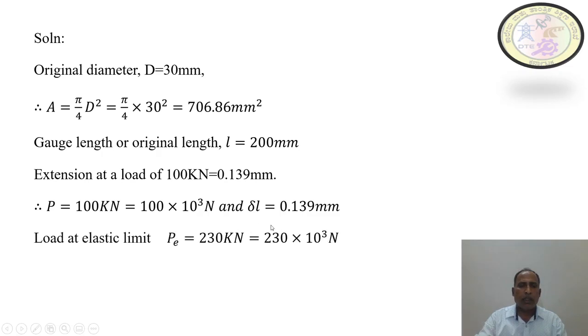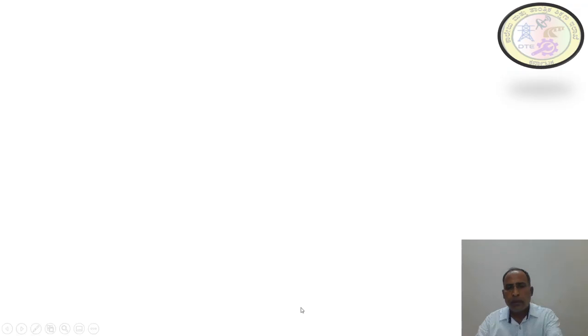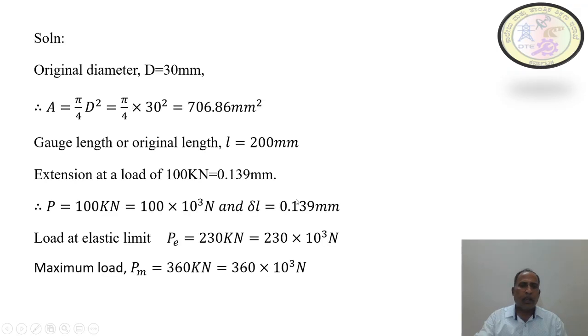So the load at elastic limit P is 230 kilonewton, that is equal to 230 into 10 raised to 3 Newton, and maximum load PM, or you can take PU ultimate load, is 360 kilonewton, that is 360 into 10 raised to 3 Newton. So from these values, the extension at load of 100 kilonewton is 0.139 mm.